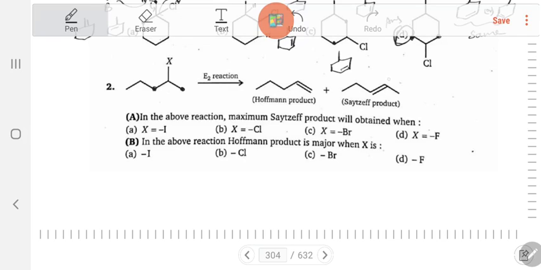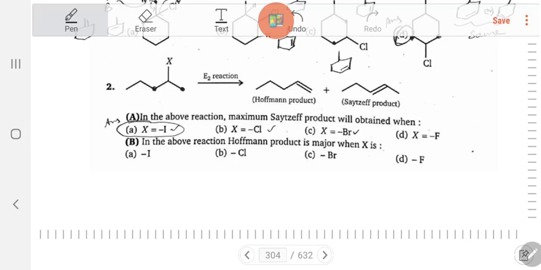Of course, the Saytzeff product will be major generally if the leaving group is a good leaving group. Now, maximum Saytzeff product will be obtained when? In all these three cases you will get the Saytzeff product, but it will be maximum in option A. The reason is it has a very good leaving group. So this is the answer.